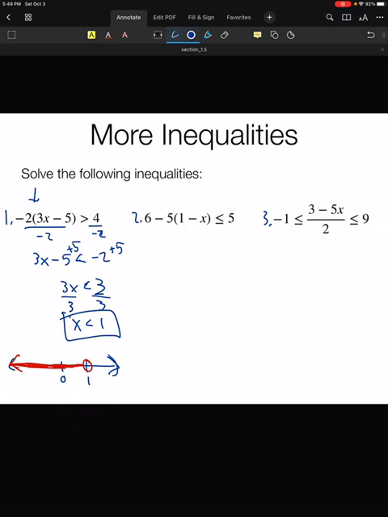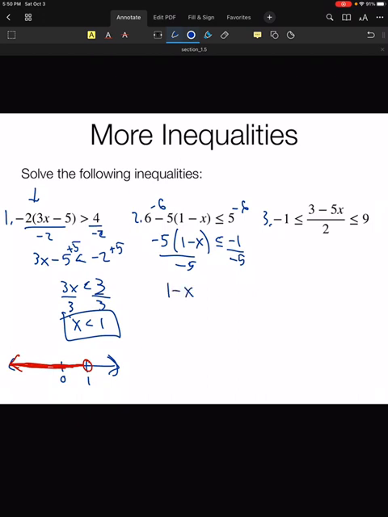All right, so first step would be for me to subtract 6 from both sides. Okay, so I subtract 6 from both sides. I get -5 times 1 minus x is less than or equal to -1. Okay, I divide by -5 on both sides, and I'm left with 1 minus x.